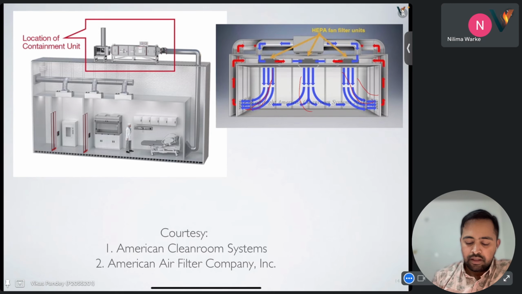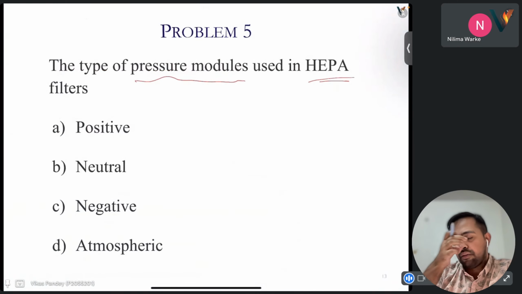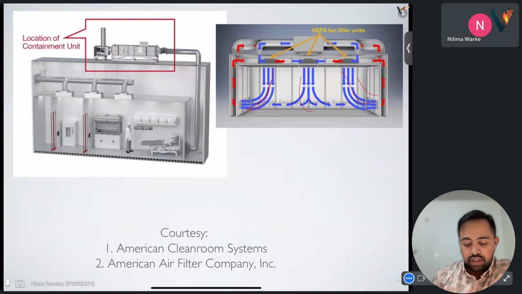That is maintained using the pressure modules in the HEPA filter. Inside it will always have more pressure compared to outside. Whatever the pressure of the air it is taking in, it will increase the pressure and push it inside, so it will always have a higher pressure.